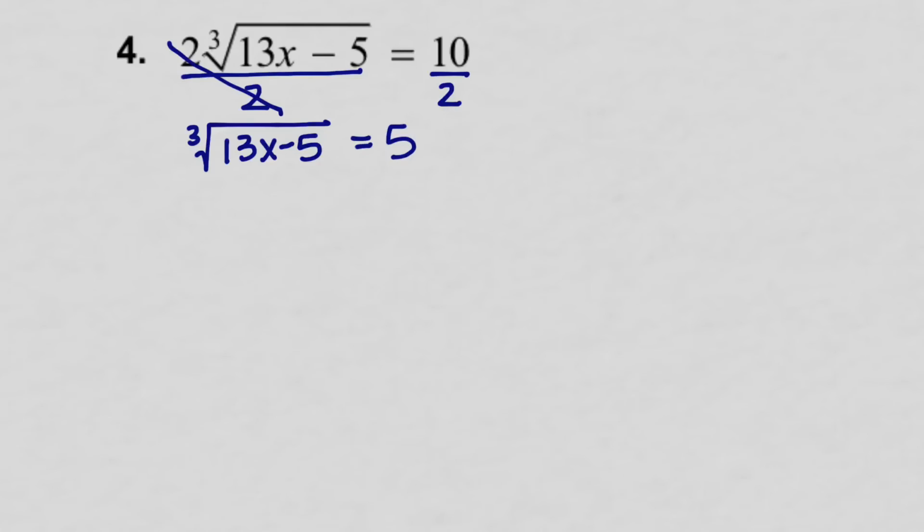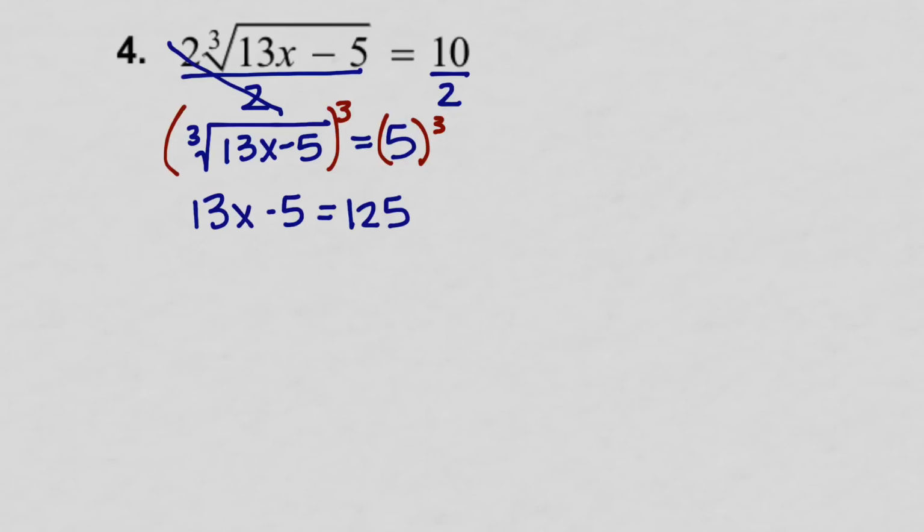We isolated the radical. Step 2 says raise it to the power, same exponent as the radical. So this radical is the cube root, so I need to take it to the third power. If I do it to that side, I have to also do it to this side. So that leaves me with 13x minus 5 equal to 125.